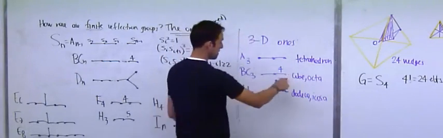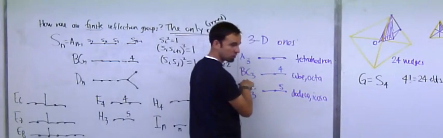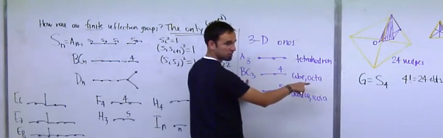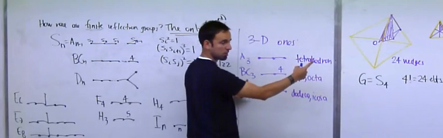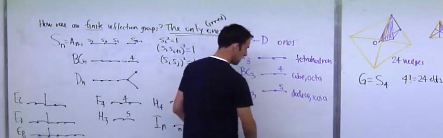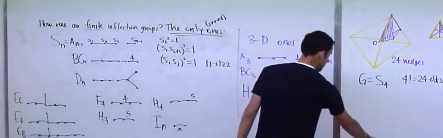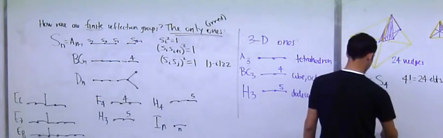Well, if you want to build this guy, take a cube or an octahedron, and play this game. I'll draw it for you right now. It's not hard. Here's the cube.